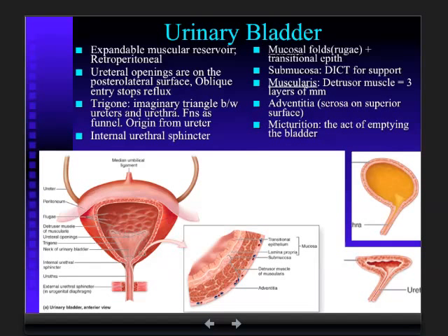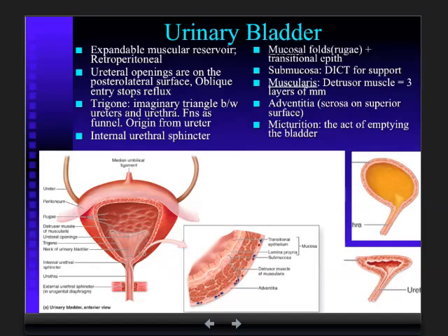And conversely, though, the detrusor muscle at the base of the bladder forms the internal urethral sphincter. So this is your internal sphincter. It is just a thickening of the detrusor muscle that forms the access point, or the origin, rather, of the urethra. And what do you think relaxes that muscle?